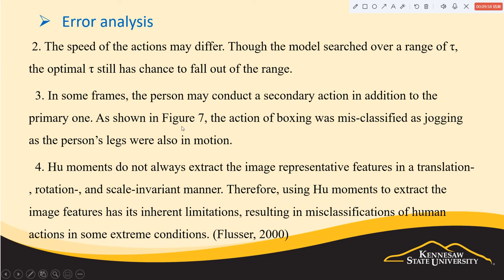As shown in Figure 7, the action of boxing was misclassified as jogging because the person's legs were also in motion. And the last reason is that Hu moments do not always extract the image's representative features in a translation, rotation, and scale invariant manner. So using Hu moments to extract the image features has its inherent limitations.